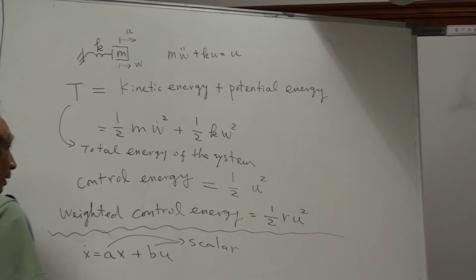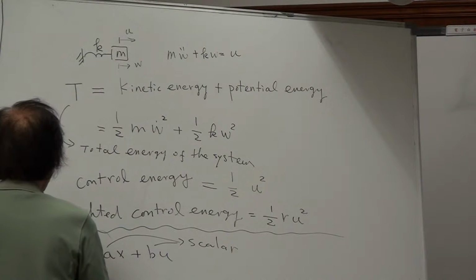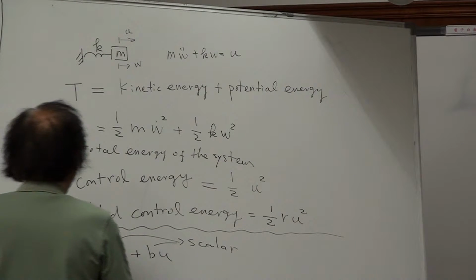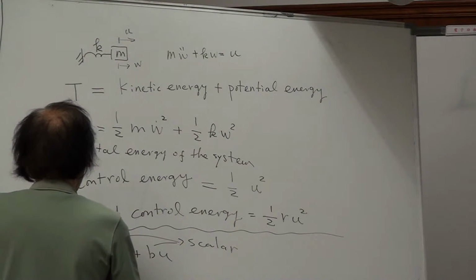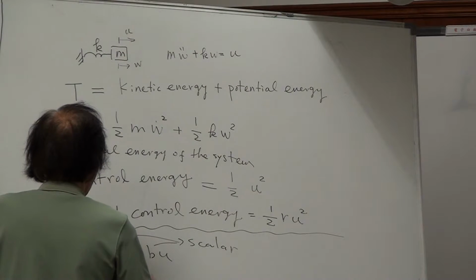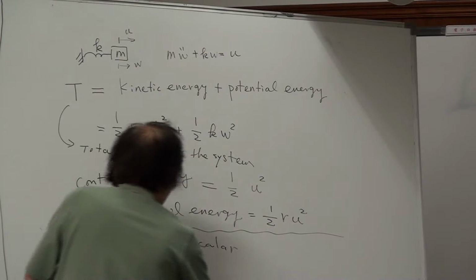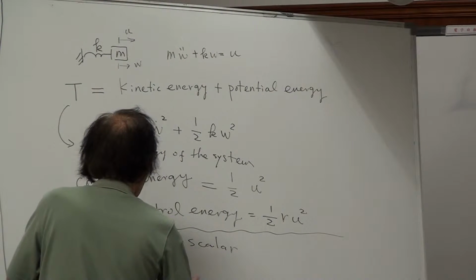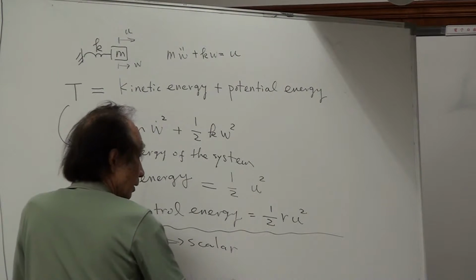Then my total system, I say J equal to half, integral from 0 to infinity of x square plus r u square, then dt.